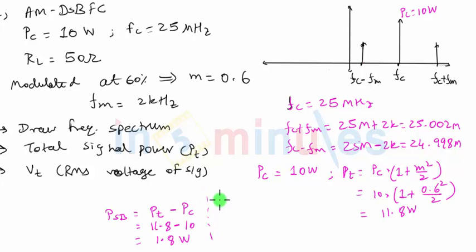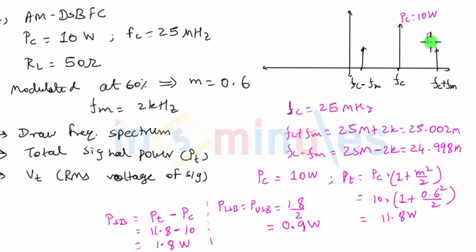As we already know, the upper sideband and lower sideband are of equal amplitude, and hence they will have equal power as well. So the total sideband power divides into 2, and the sideband power is 0.9 watts. This is the value we were looking for. Upper sideband power is 0.9 watts and the lower sideband power is also 0.9 watts. So this is the complete frequency spectrum with corresponding power values.